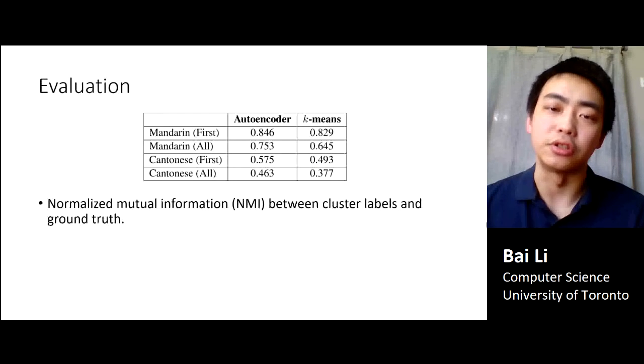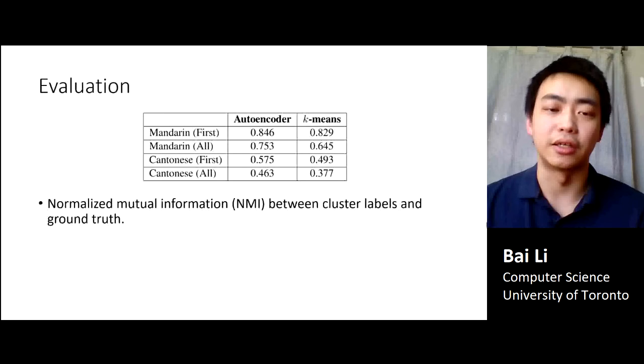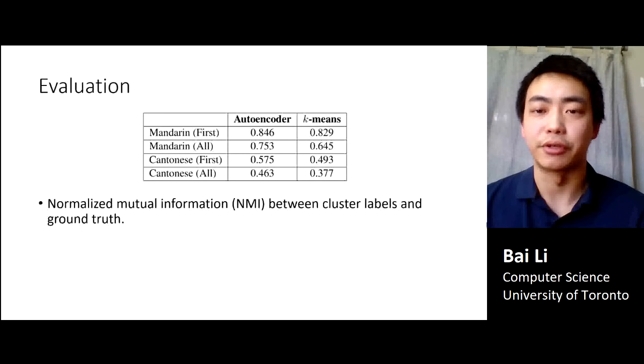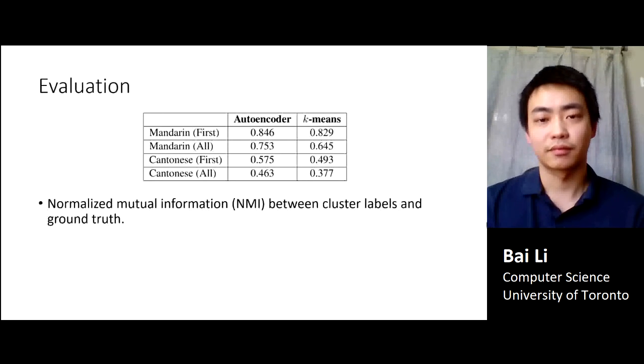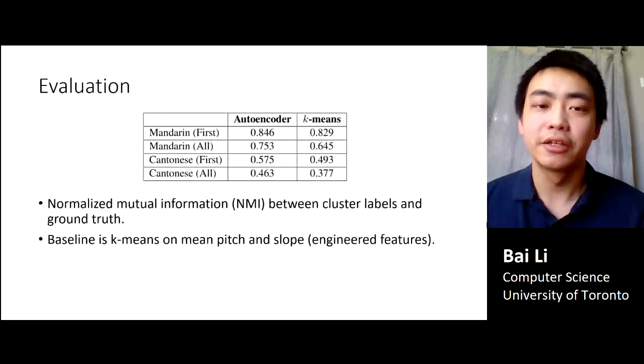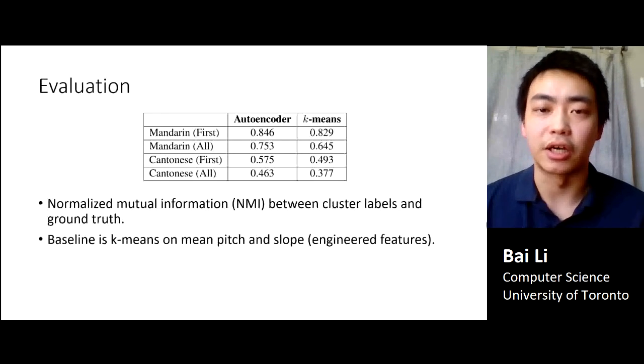For evaluation, we evaluate the normalized mutual information between the cluster labels and the ground truth. The reason we do this instead of accuracy is because this allows us to have a different number of clusters generated than the ground truth. On the left-hand side, we have the NMI for the autoencoder model.